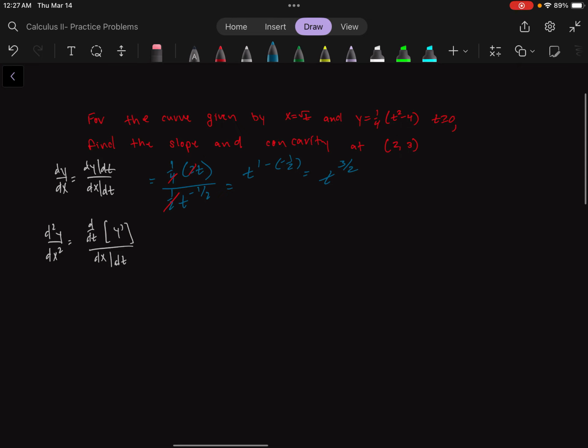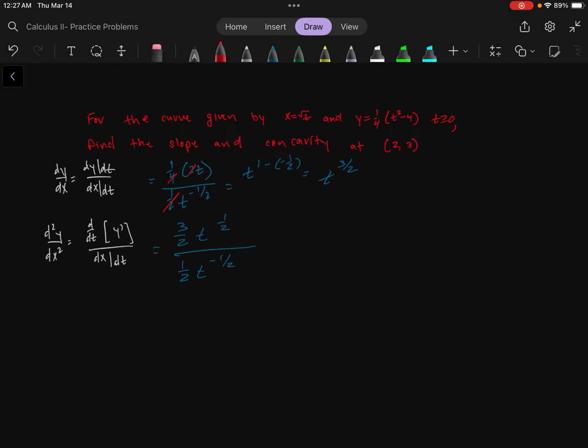And remember, the second derivative turns into this formula, which we just proved in the last problem. We're going to derive that y prime. That's going to be our numerator. So the 3/2 comes out front. We subtract 1 from the exponent. And we're also going to take the derivative of x with respect to t again. We said that was 1/2 t to the negative 1/2.